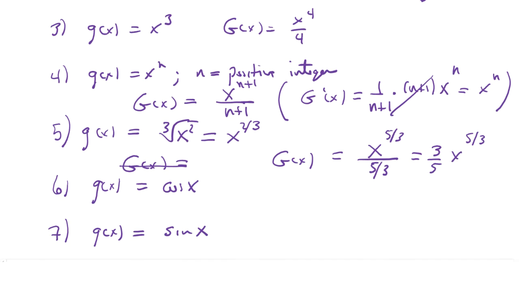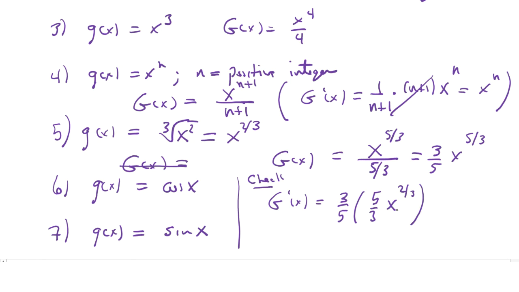We should probably check this, so if we take g prime of x as our check, then we'll have our 3/5, and then we differentiate x to the 5/3, and we get 5/3 x, 5/3 minus 1 is 2/3. The 5's cancel, the 3's cancel, we're left with x to the 2/3, and that's the function we started with, so that does work.